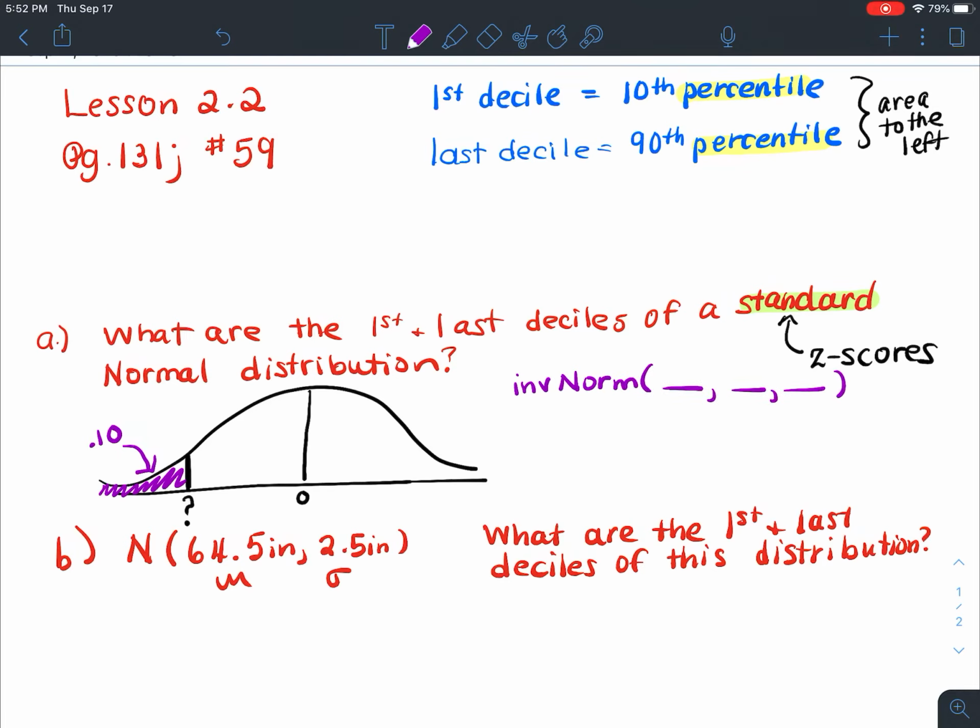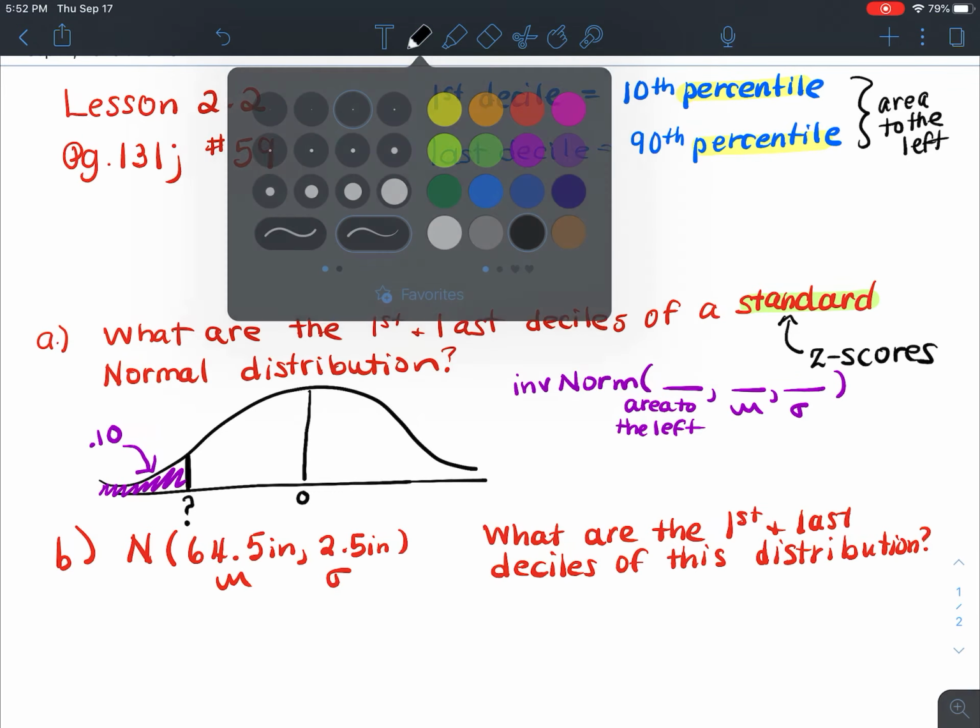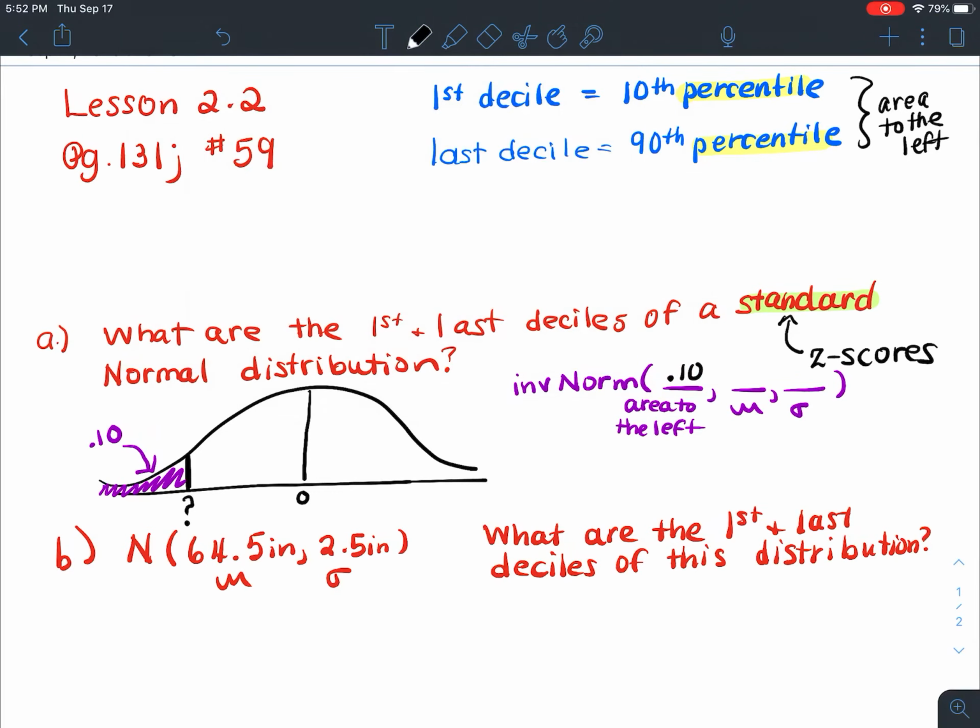Now I could use the standard normal table on the laminated formula sheet, or we could use the inverse norm feature. Remember, this is the feature where you are given the area to the left. We have to know the mean and the standard deviation, and if I'm in the world of z-scores here, I'm going to be using as my mean 0 and as my standard deviation 1.